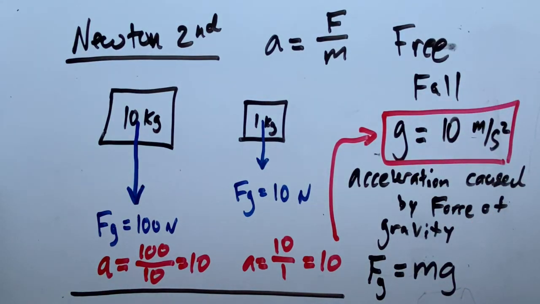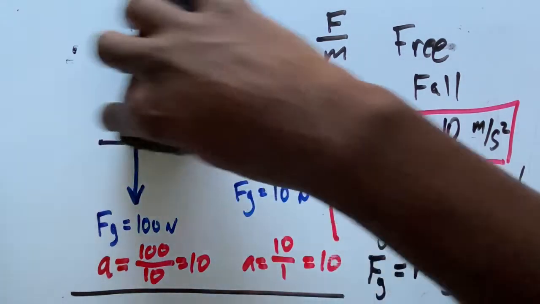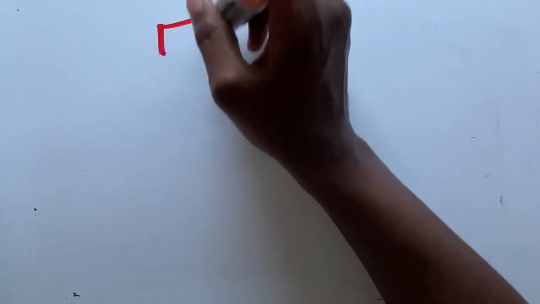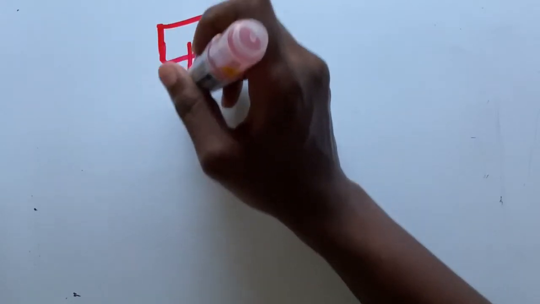All right, so let's see what's next on the slide. So looks like they asked us a question about acceleration. Let me go over that real quickly. Let's say we have an object that is falling straight down, like so.